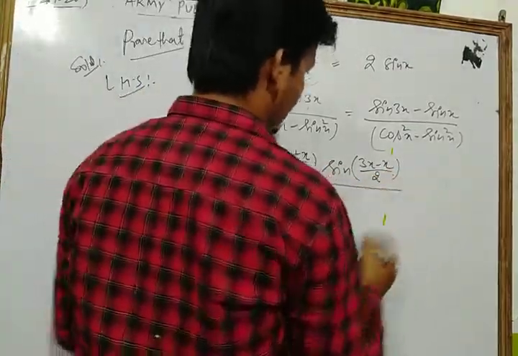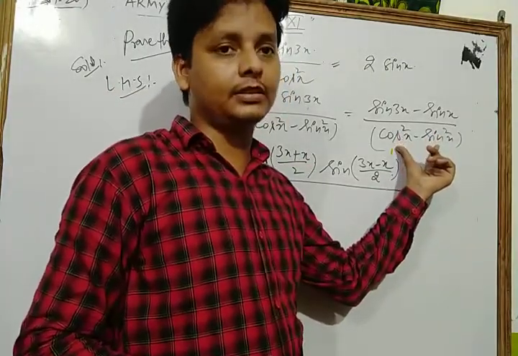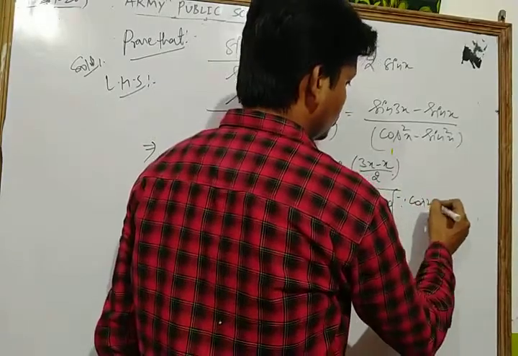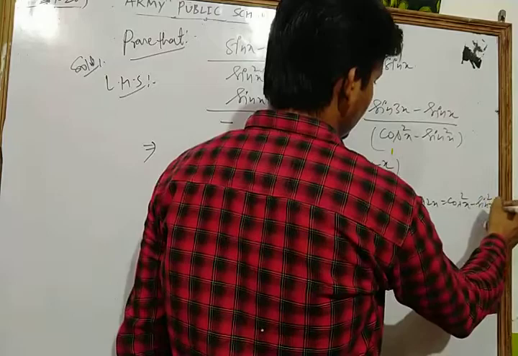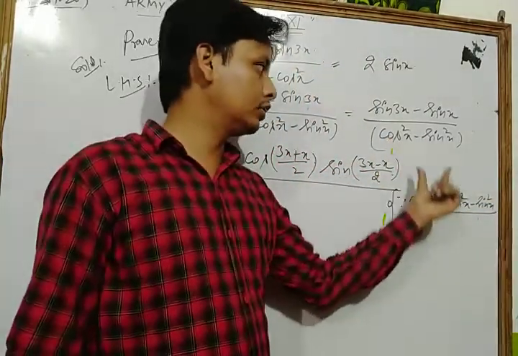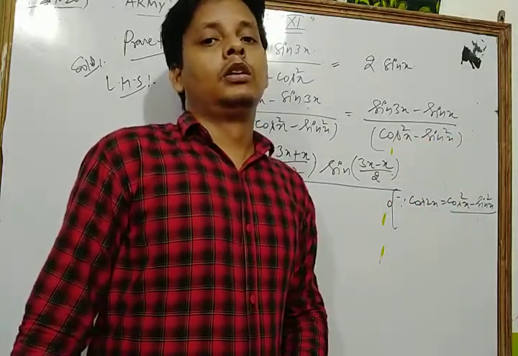Upon, and here, this is the formula for cos 2x, right? Because we know that cos 2x is cos square x minus sin square x. So in the denominator we put cos square x minus sin square x as cos 2x.